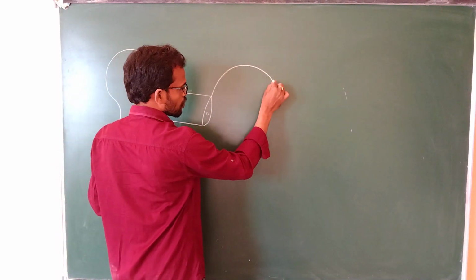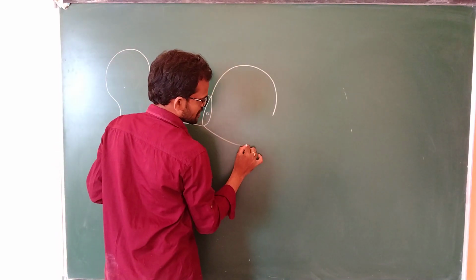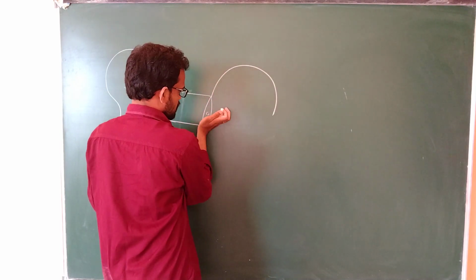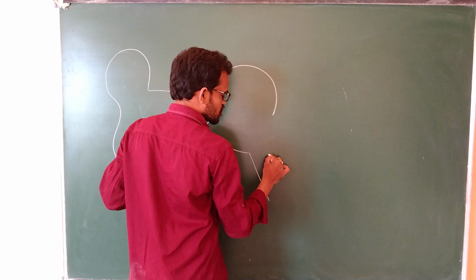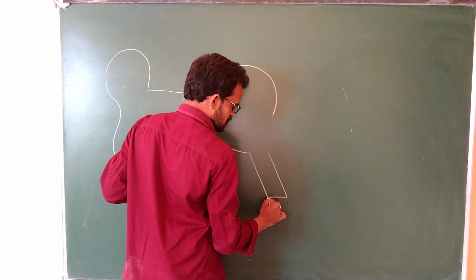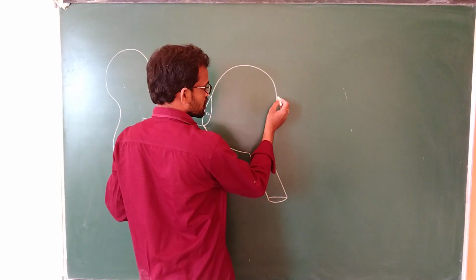The oval window again is the tympanic membrane. The tympanic membrane, eustachian tube.